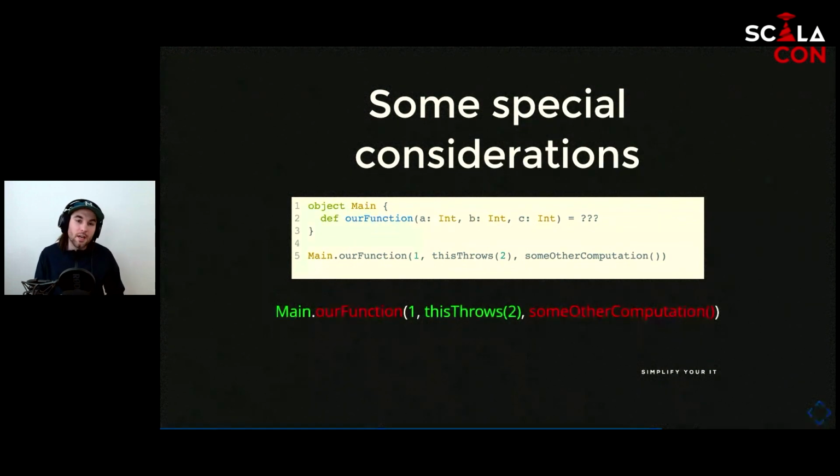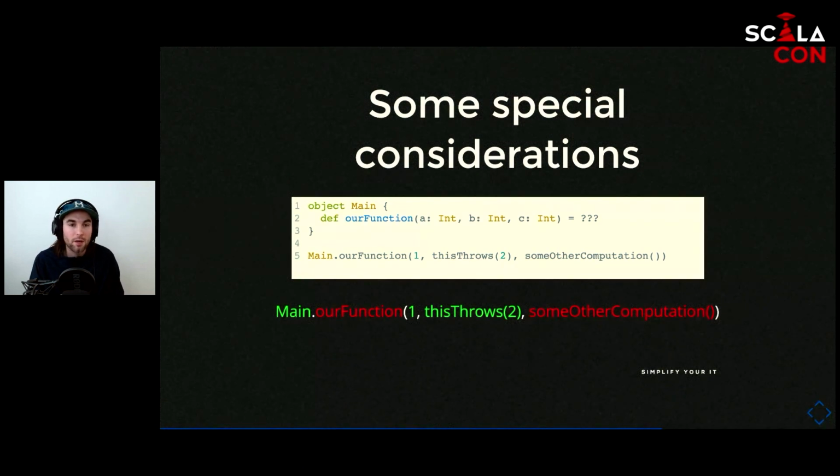One of these we can look at with an example. Let's say we have a method or function that just takes in 3 parameters, A, B, and C. And it's part of main. If you look at the call site of this on line 5, we call our function with 1, this throws, and some other computation.